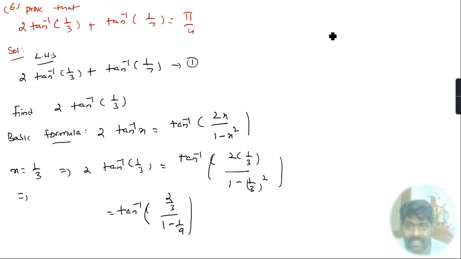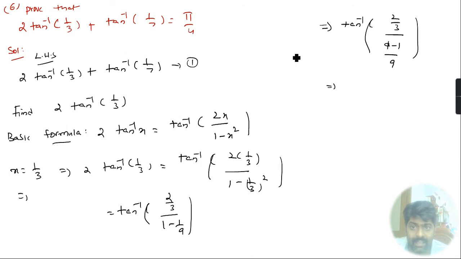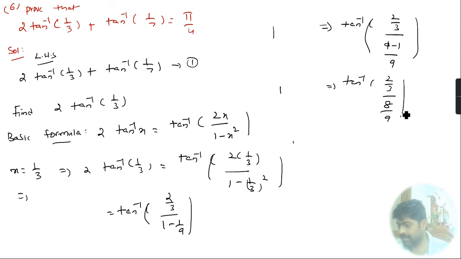And finally we get that tan inverse of 2 by 3 by 9 minus 1 by 9. That equal to tan inverse of 2 by 3 by 8 by 9.